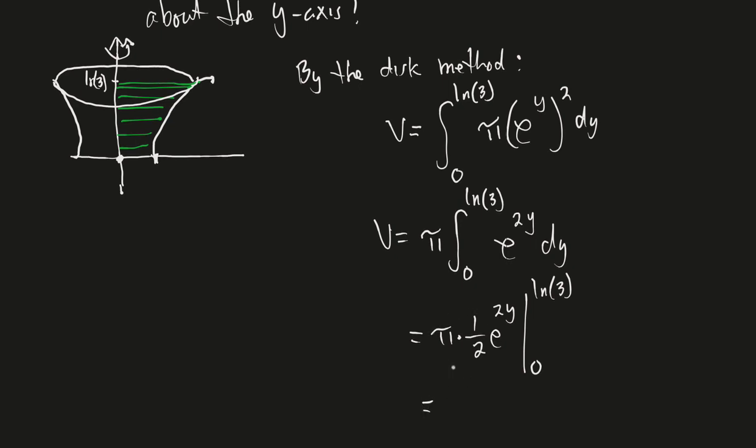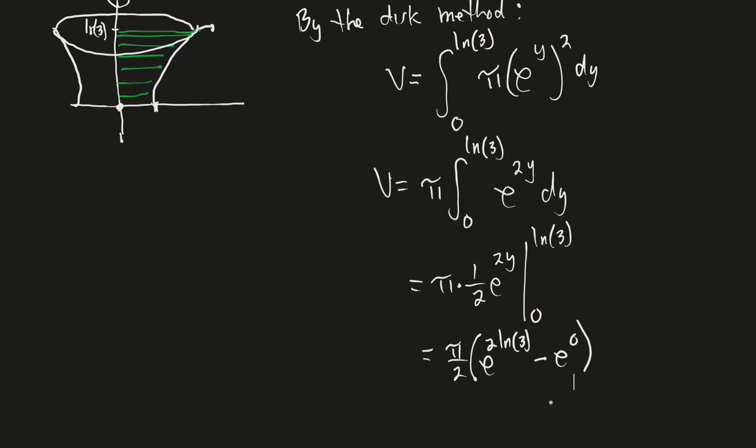Now for the constant in front, I can write it as pi over 2. Now at the upper limit, I'll have e to the 2 times the ln of 3 minus e to the 0. Now both of these can be simplified quite a bit.